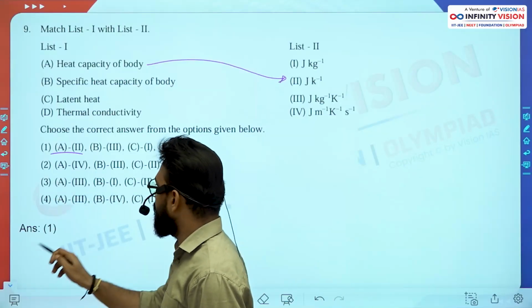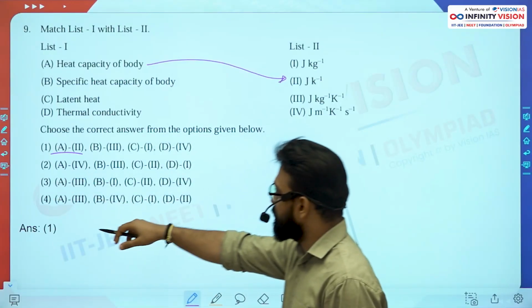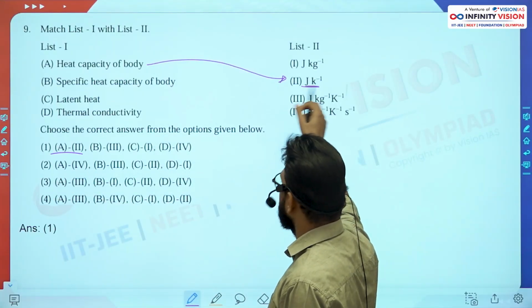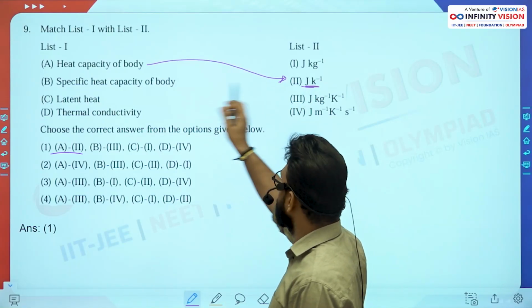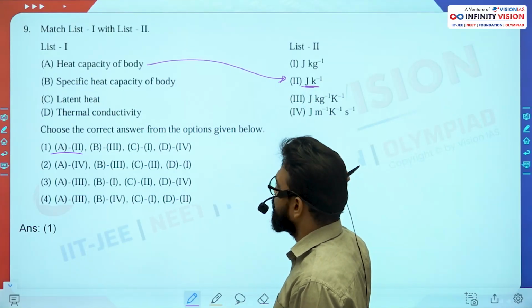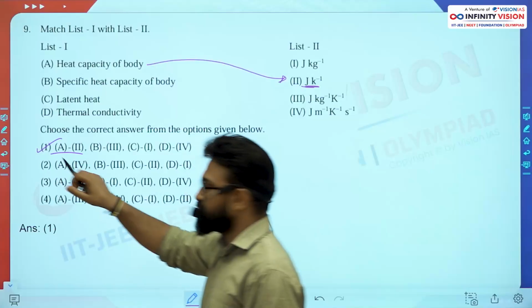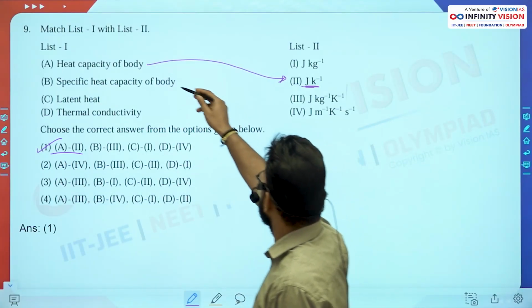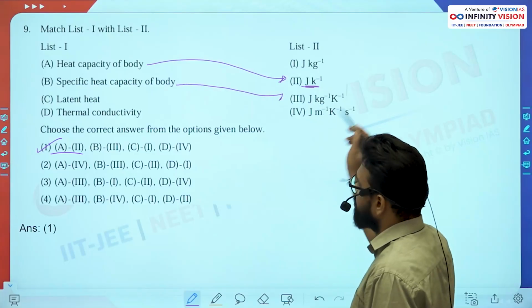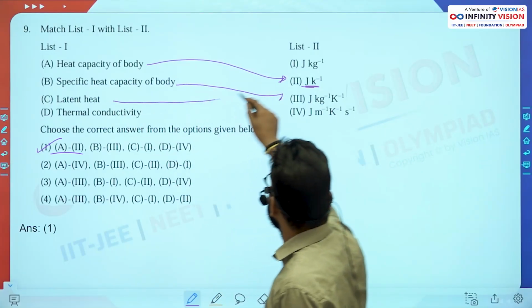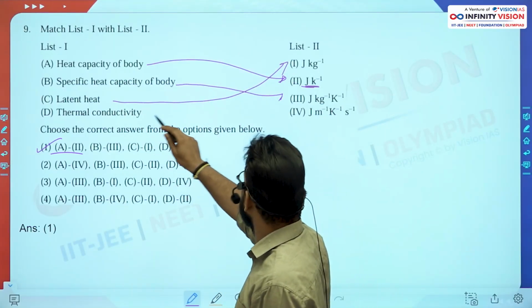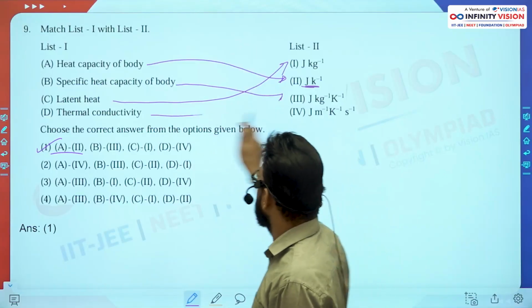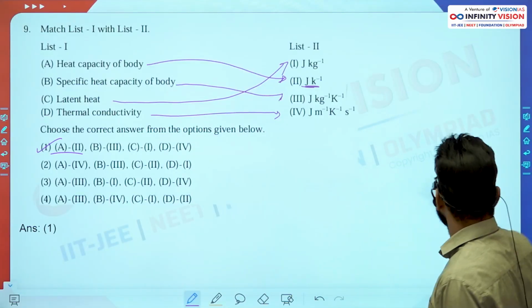Only the first option has A matched with second, so the first option would be the correct option that you must get. Rest also, the specific heat would have dimension of joule per kg per Kelvin, latent heat joule per kg, and thermal conductivity would have this one.